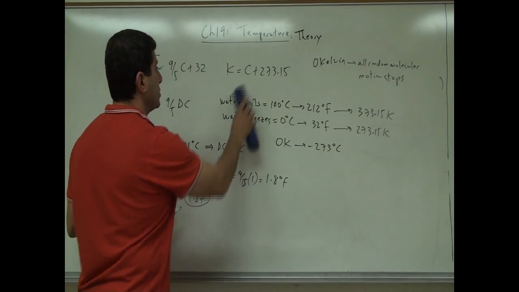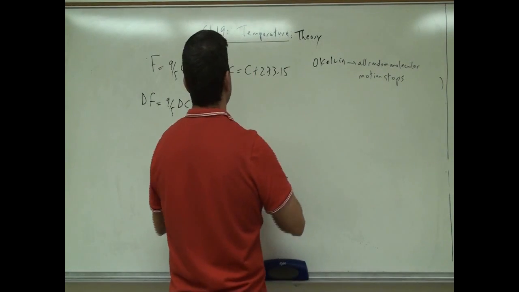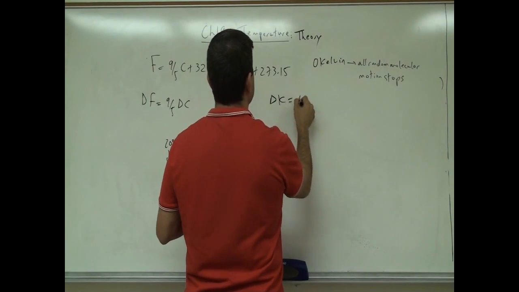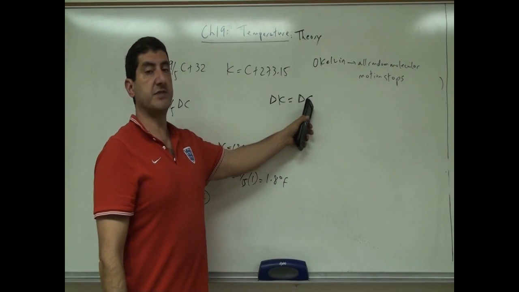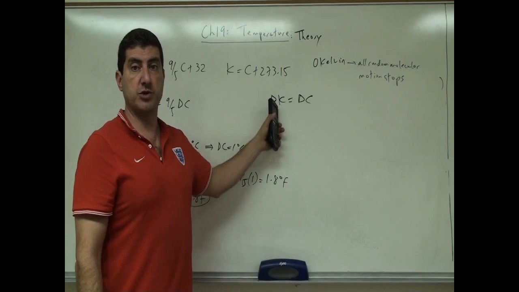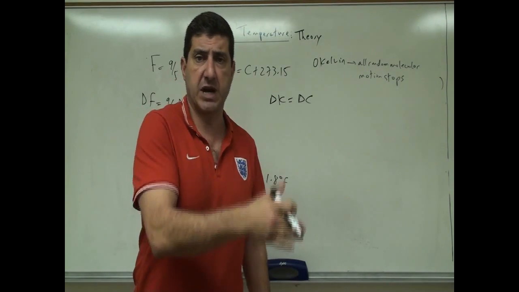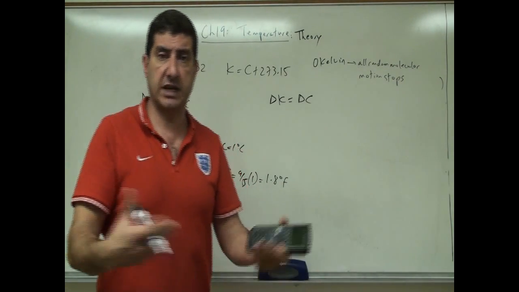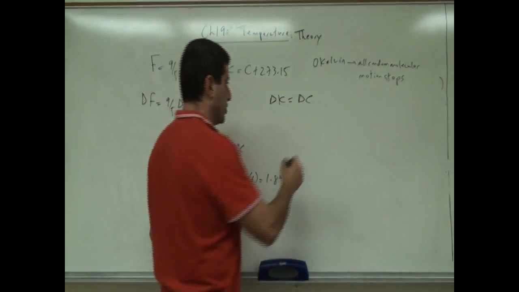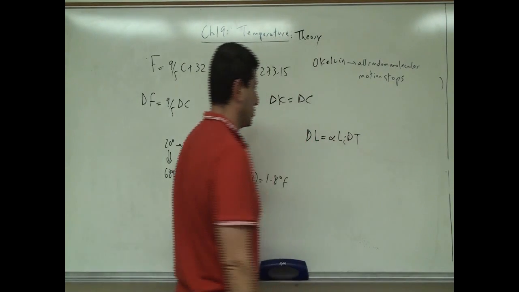How about a unit change in Celsius versus a Kelvin? Right? If I do the delta K, delta C, well, they're actually equal. So any unit change of Celsius will also equal a unit change of Kelvin. Well, what does that mean? Any equation that we have from now on that relies on the change in temperature of something, and we're going to be introduced to that later in this chapter. Change in length is alpha, L initial, change in temperature, right?